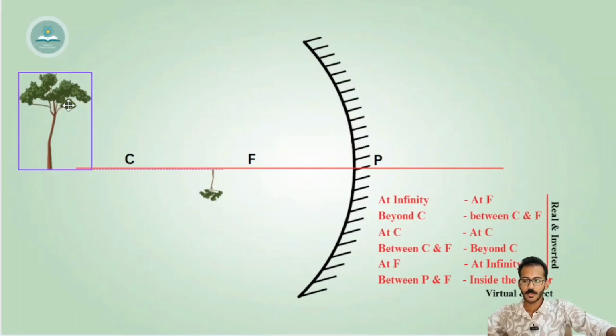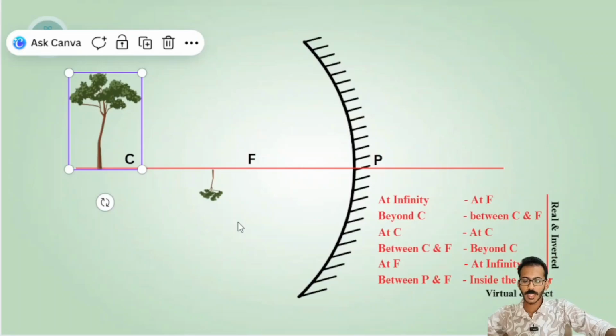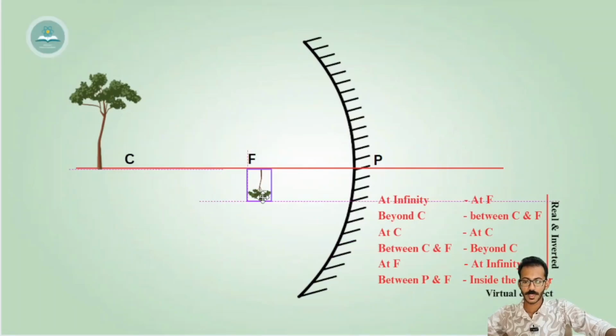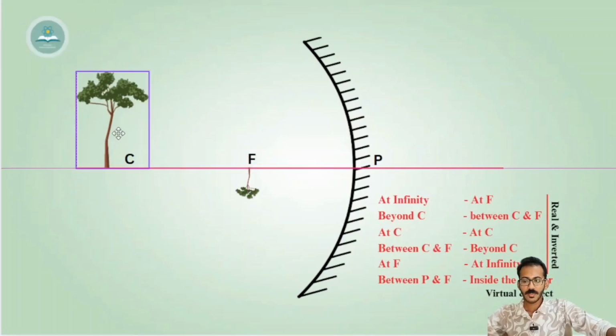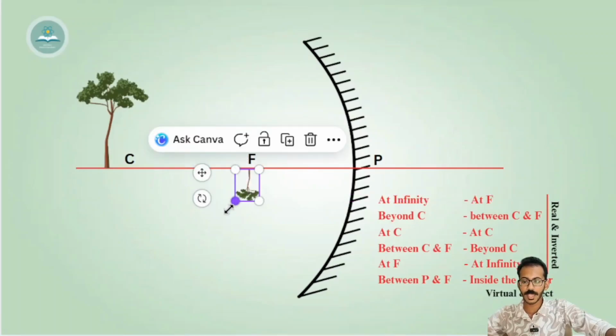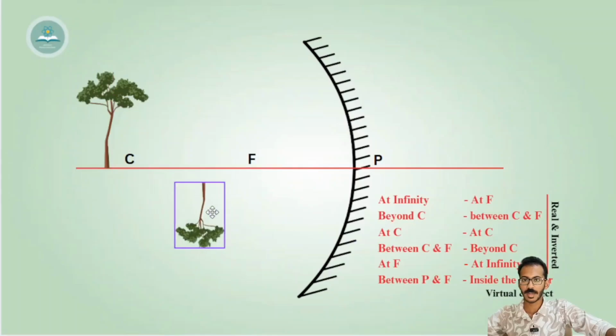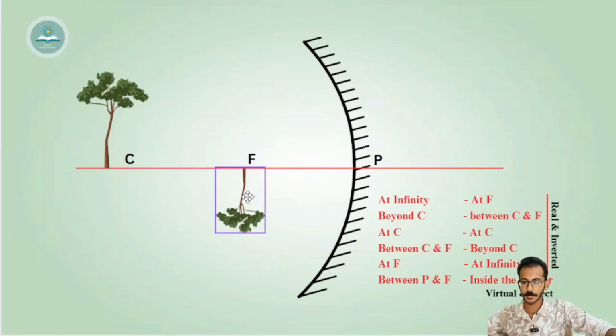Remember one thing: whenever we take the object closer to the mirror, the image will go away from the mirror. First it was at the focus, now it will go away from the mirror. At the same time, the size of the image will become bigger and bigger. It will get enlarged. Remember that one.